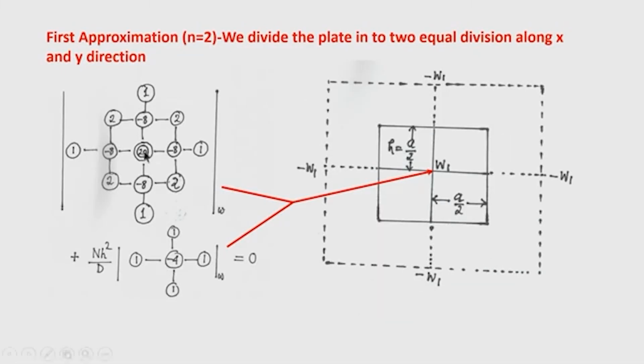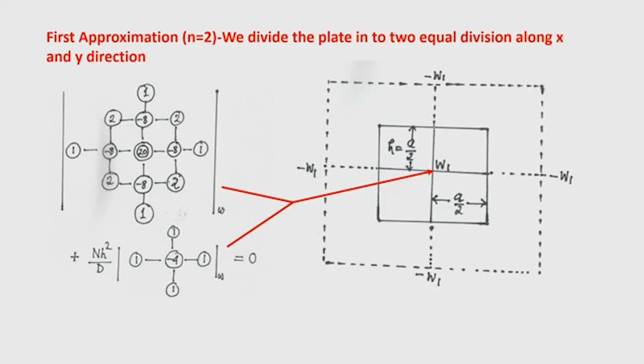Okay. Now, first the approximation is that n is equal to 2, that means the plate is divided into two equal divisions along x and along y direction. So, a square plate whose side was a is now divided into two divisions, a by 2 and a by 2. So, there are 4 divisions, and all the other nodes fall on the boundary, so the deflection value will be 0, but the central node has deflection W 1.